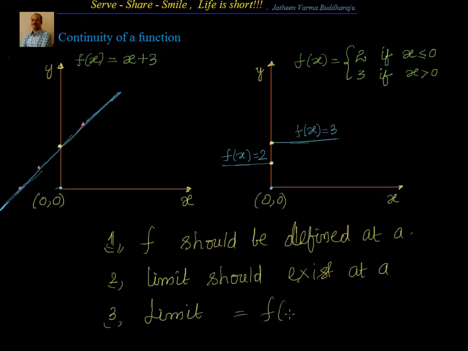What we are saying is, as x tends to a, limit of f of x is equal to f of a. If these three conditions are satisfied, then we will call that function a continuous function.